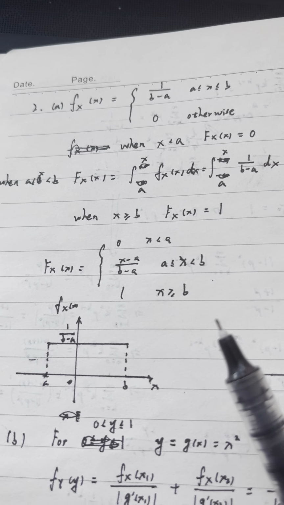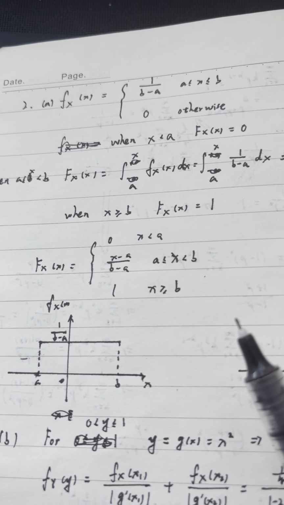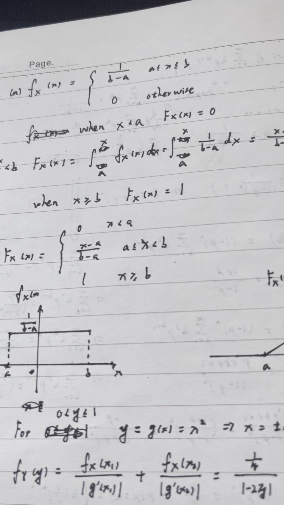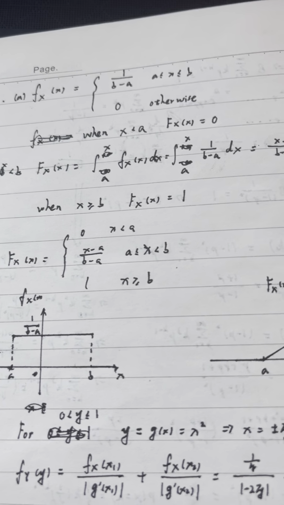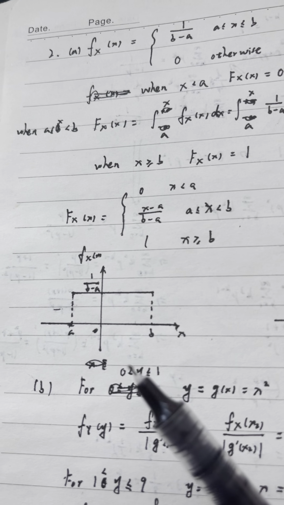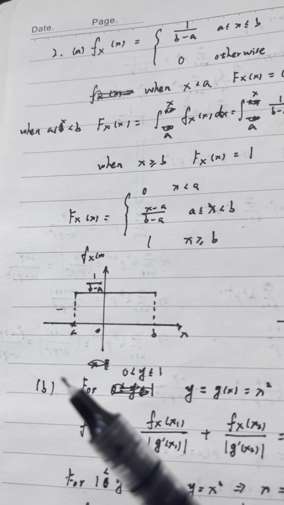When x is larger than or equal to b, the value of its distribution function is 1. So we write it as integrated.